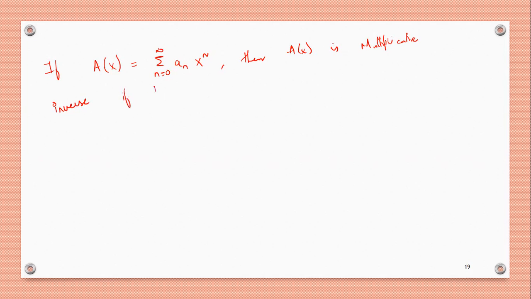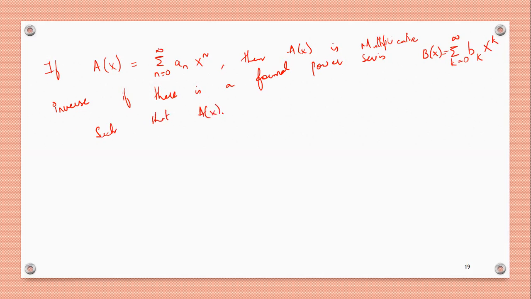if there is a formal power series b of x. What is b of x? It is another formal power series, sum k is equal to 0 to infinity b k x power k, such that a of x into b of x is equal to 1, or we can even say that b of x is equal to 1 by a of x.